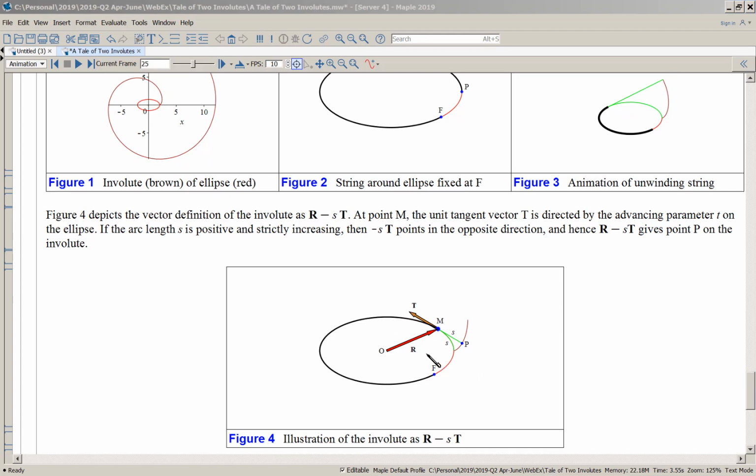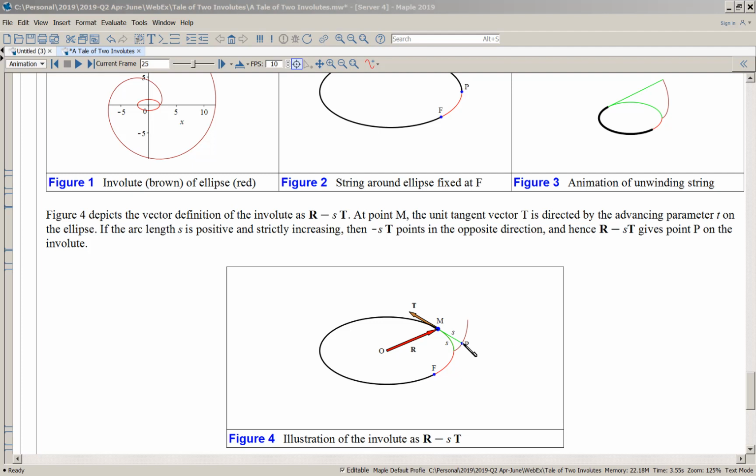So this picture shows how the vectors in R minus ST behave. We have the ellipse, and a position vector to a point on the ellipse. M is the point where the string leaves the ellipse. S is arc length, and these two green curves, one's a curve, one's a straight line, have the same length.